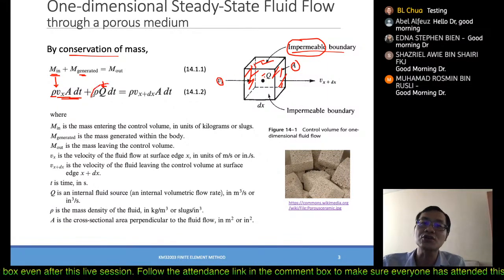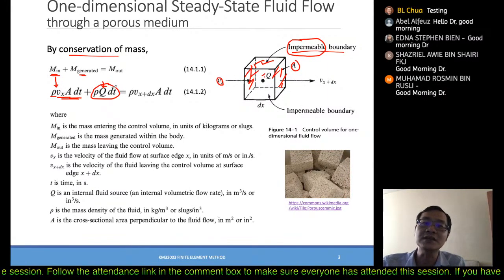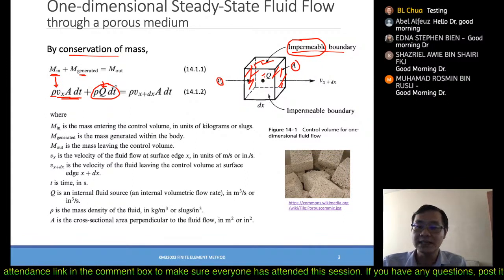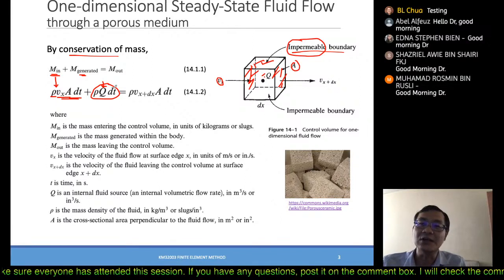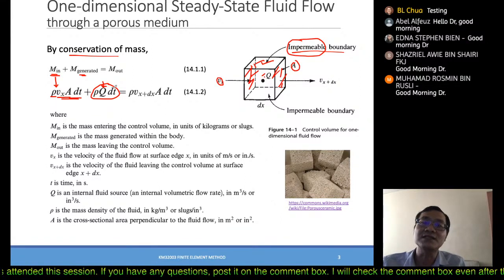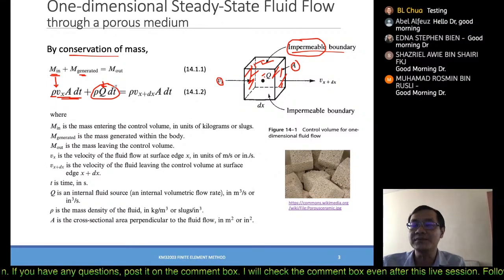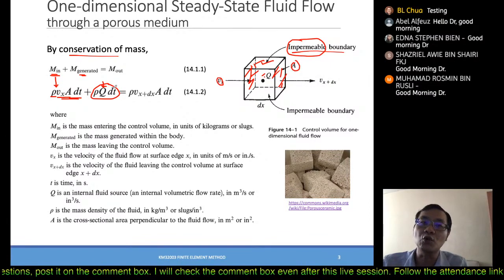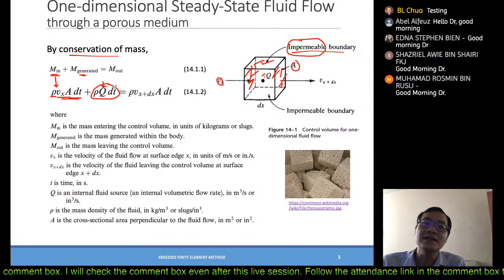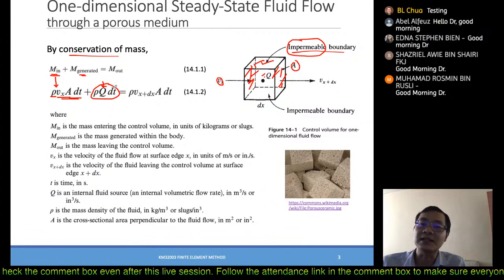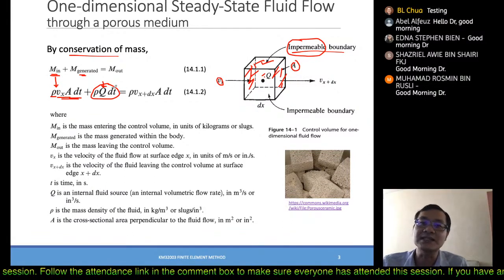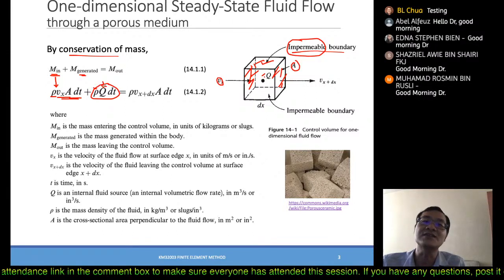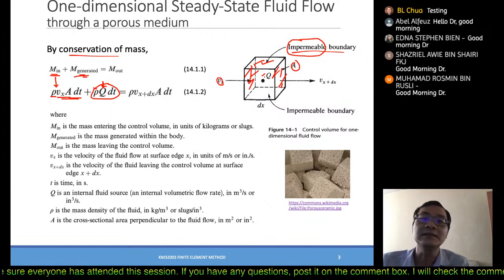If it is positive, the mass increases internally in the volume, so you may have something adding up in that particular control volume. Whereas if there is a leakage, something that causes the mass to decrease, then that will be a sink, so we will get a negative sign in this M generated.